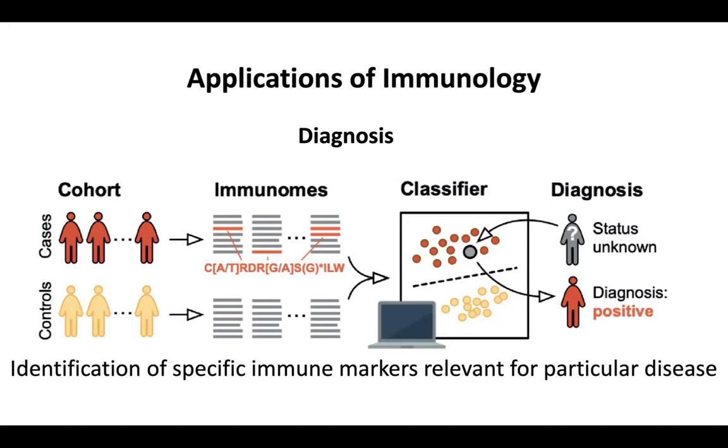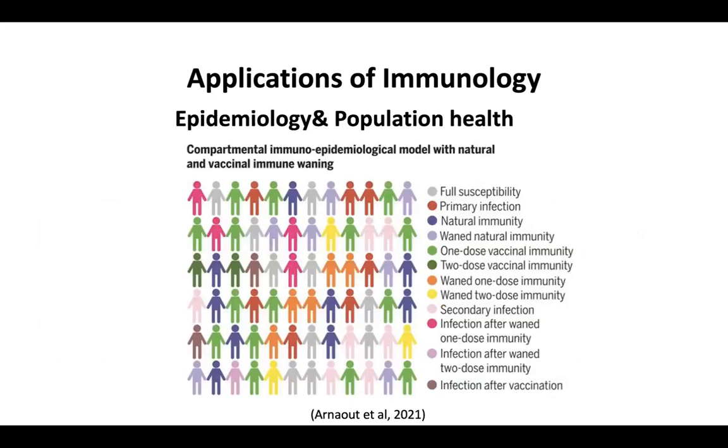This is more on the individual scale. At the larger scale, understanding immunology and the components within the immune system can allow you to assess herd immunity. An example of this is this paper that talks about how different persons have slightly different responses to the vaccine.